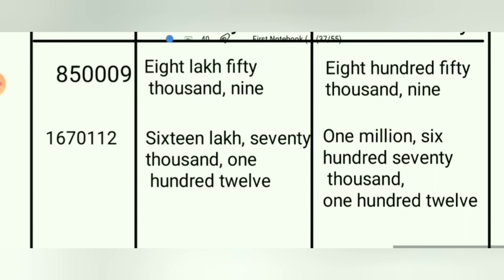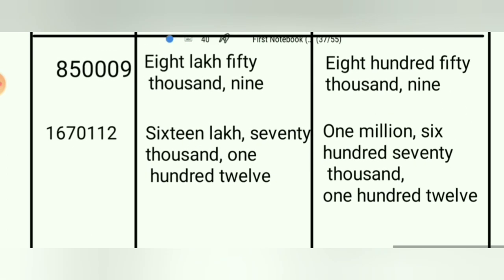Next, again read this one. Ones, tens, 100, 1000, 10,000, lakh, 10 lakh. 10 lakh means there are 2 numbers in lakh. We will write 16 lakh. After that, these 2 for 1000. So we will write 70,000. Then we will write 112.